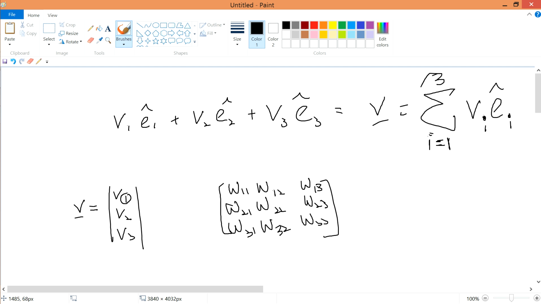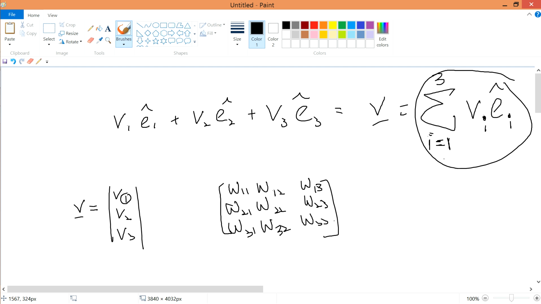That's the Einstein summation rule. When i is equal to 1, this is the first term, if it was 2, this is the second, and 3, this is the third. So we can summarize this equation in these terms.